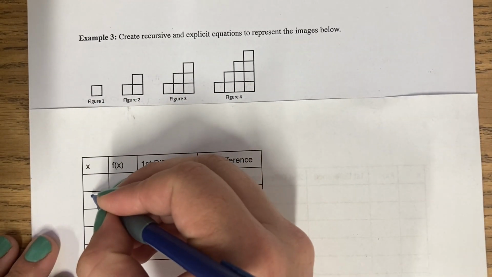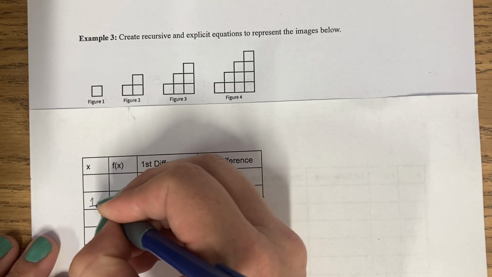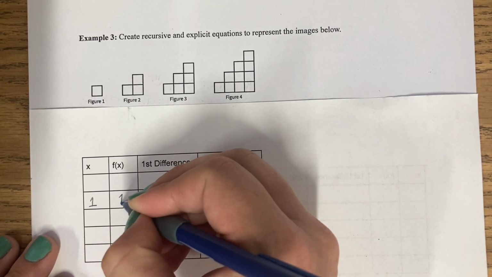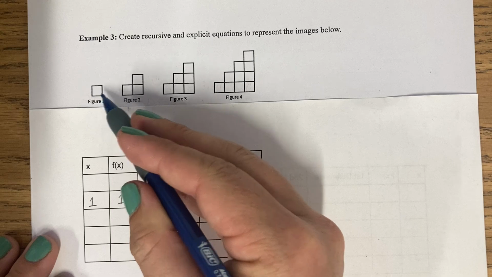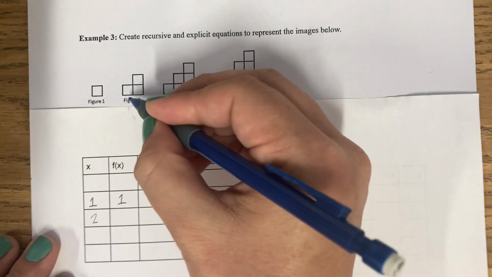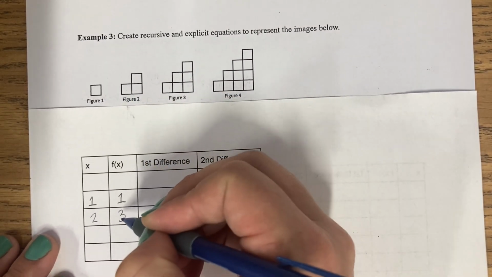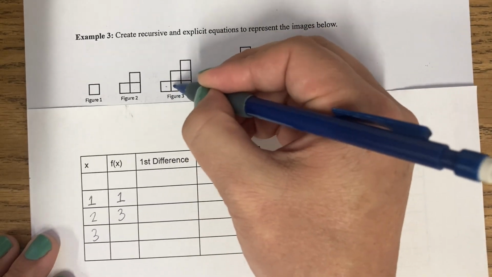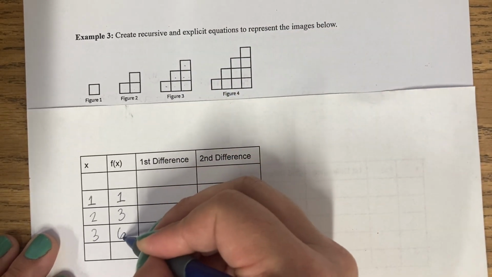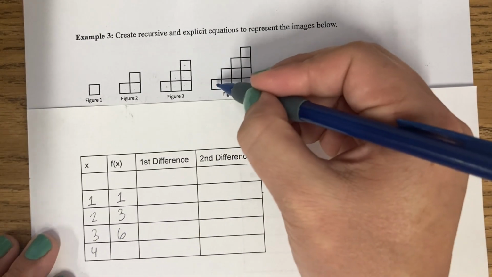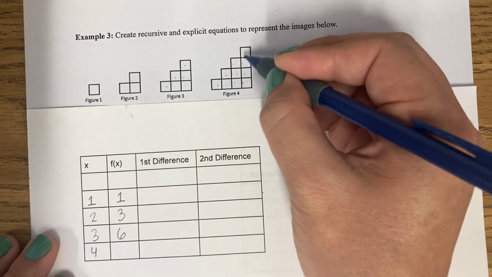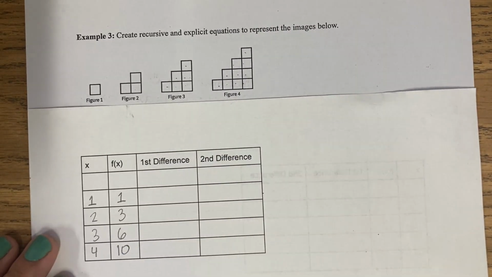So my first figure, I'm going to put my 1 here, has one block. My second figure has 1, 2, 3 blocks. My third figure has 1, 2, 3, 4, 5, 6. And my fourth figure has 1, 2, 3, 4, 5, 6, 7, 8, 9, 10.